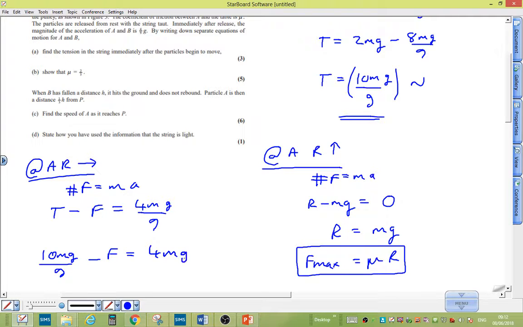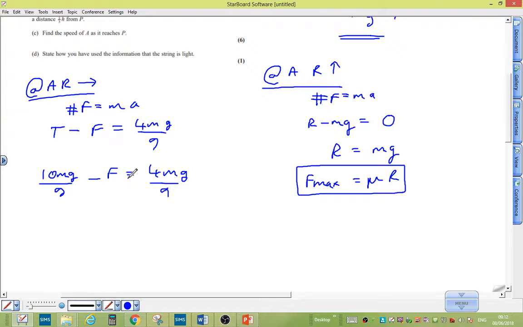10mg over 9 take away F equals 4mg over 9. Again, throw that over, throw that back, and you end up with F is equal to 10 take away 4 gives you 6. So 6mg over 9 will cancel down, 3 into that is 2, so F is 2mg over 3 newtons.